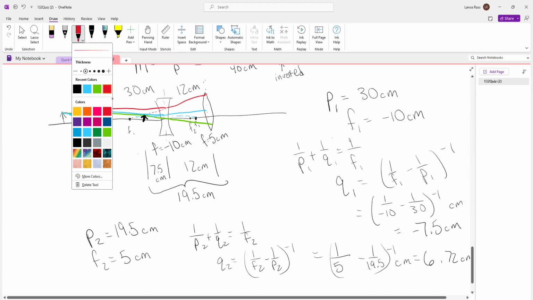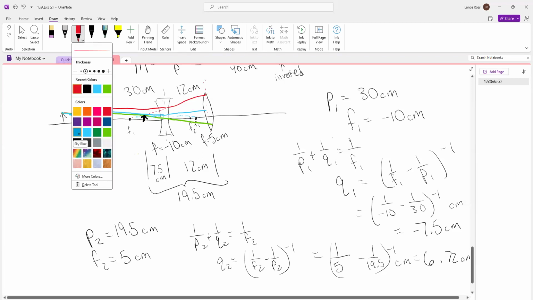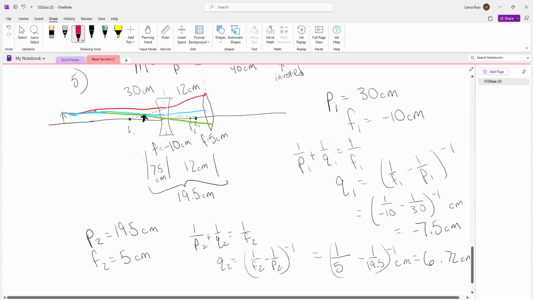What we can do is, I need more colors. I'll use a pink instead of a red here. Look at where the image is and treat it as if that's your object for the first one. So we'll have it coming in parallel, and I only drew one focus, and out through the focus.